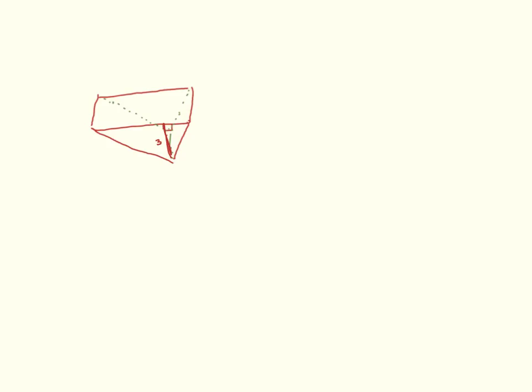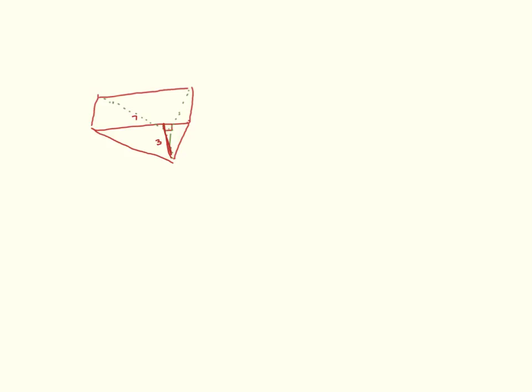Let's call it 3. And let's say that the perpendicular line to that, or the base of that triangle, is 7. This is a prism, so we know that it has to have the identical thing on the other side. And you see the little dotted lines showing you that there's a triangle on the other side.